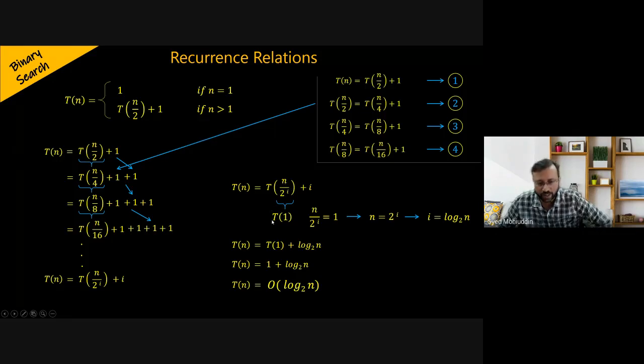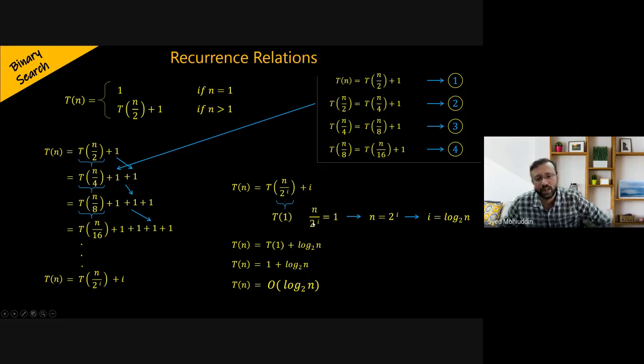So when n by 2 power i becomes 1, we say it is T of 1, and T of 1 is 1 itself. We got the answer.